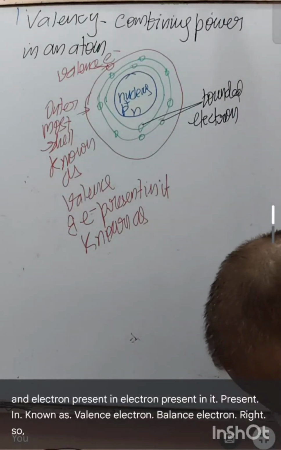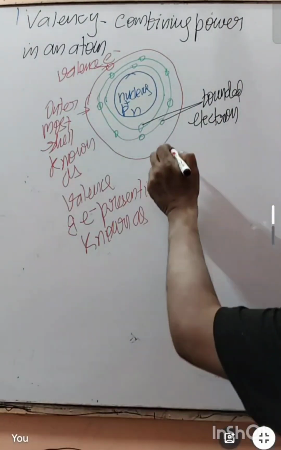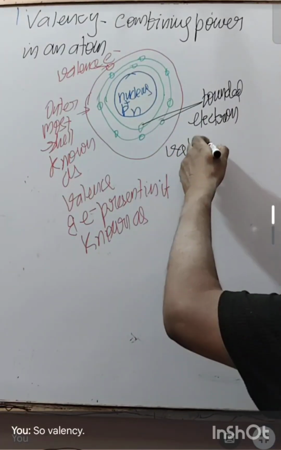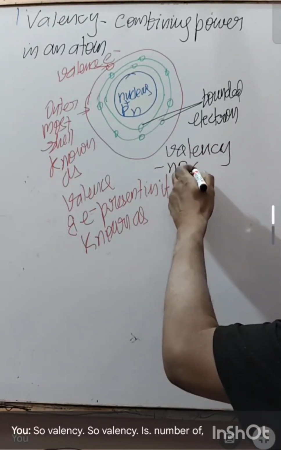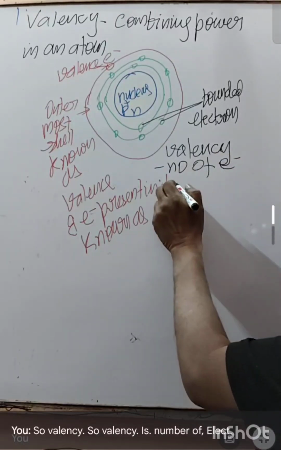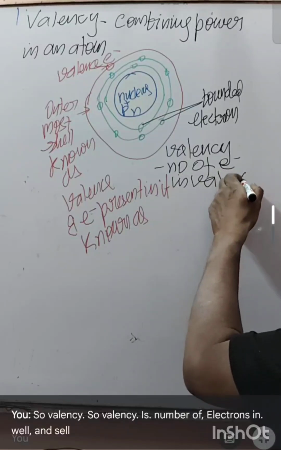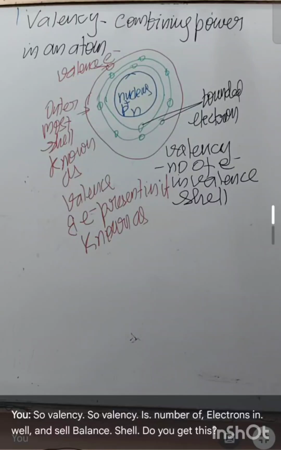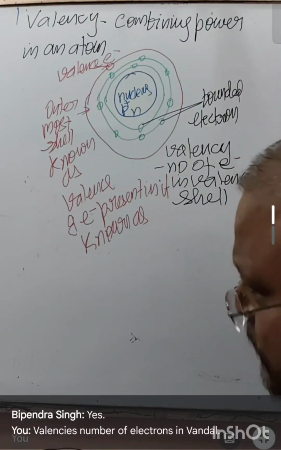So valency is the number of electrons in the valence shell. Do you get this? Yes, sir. Valency is the number of electrons in the valence shell.